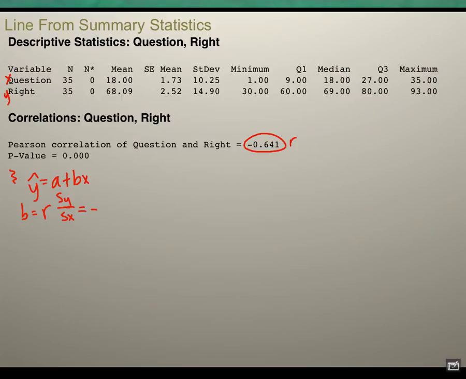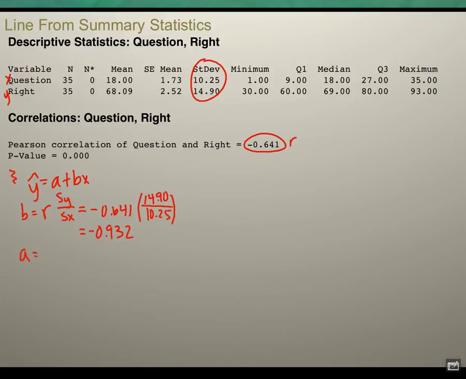So the R value is negative 0.641. SY, so that's this column, standard deviation, is 14.90 divided by SX, which is 10.25. That gives negative 0.932.